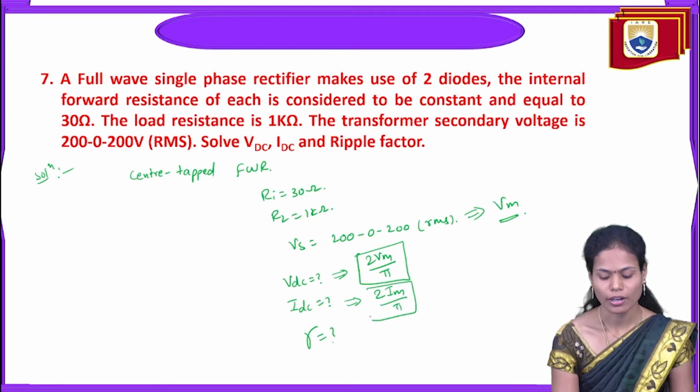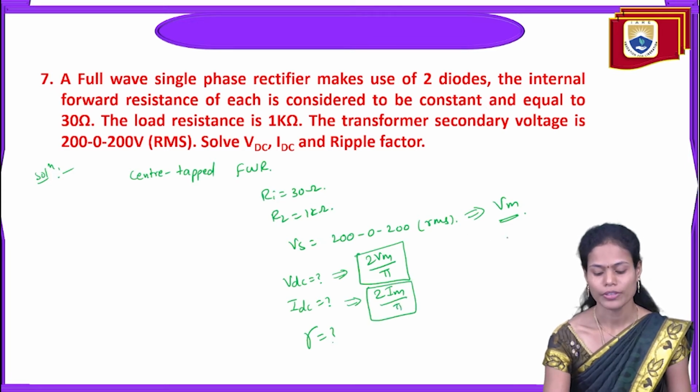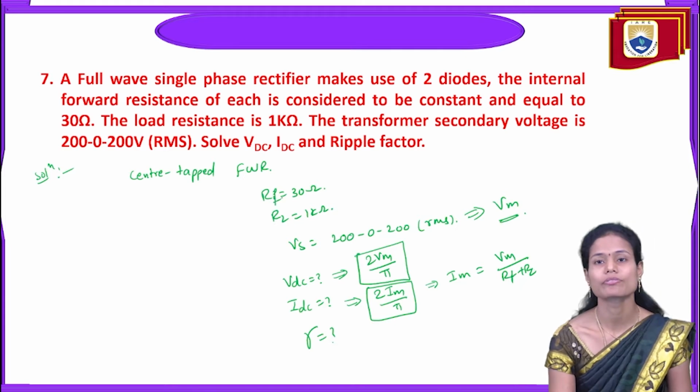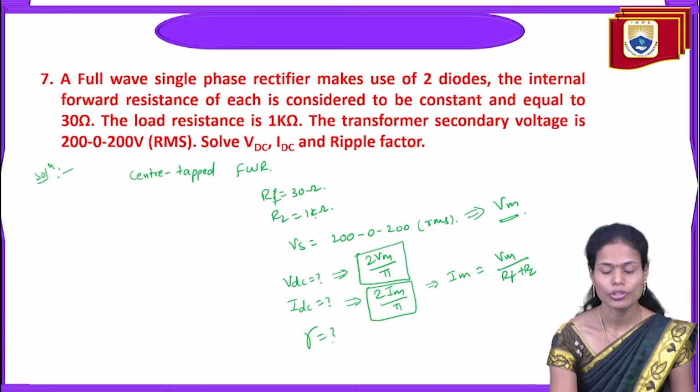And how do we calculate the Im value? The Im value is Vm by Rf plus RL. Here Rf is the internal resistance of the diode and RL is the load resistance. Sometimes they may also give the secondary resistance of the transformer. In that case, we need to add the RS resistance to find the Im value. From this we get the Im value, and if we substitute it, we get the IDC value.